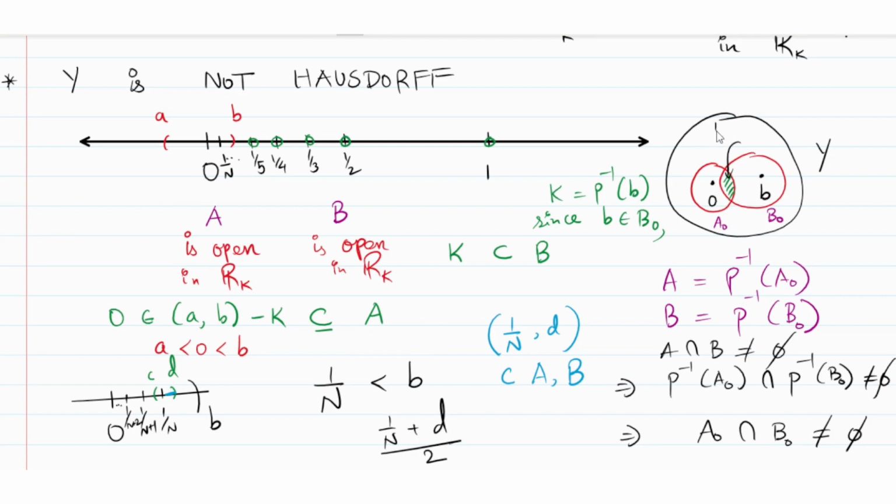Because that cannot be 1 by n, because I assume that 1 by n is the smallest such value. n takes the smallest natural number such that 1 by n is less than b. So 1 by n plus d by 2 must not belong to K, and hence you can easily see that there is an intersection.